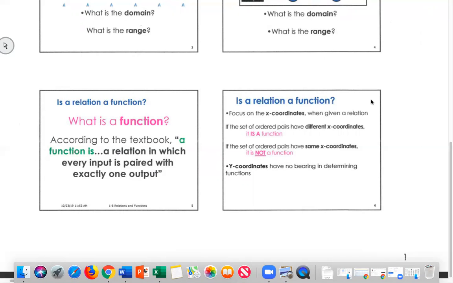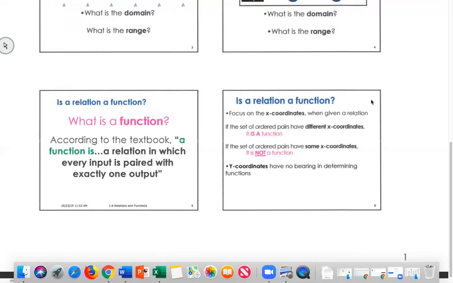So basically, I want you to look at your domain, all right, your x values, and I want you to see if any of them are repeated. If they are, well, then that's going to tell you to watch out that it might not be a function, okay? So is a relation a function?